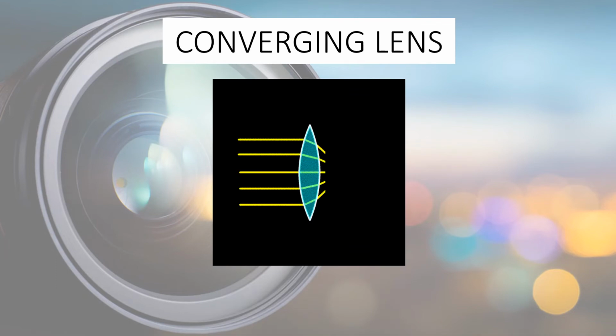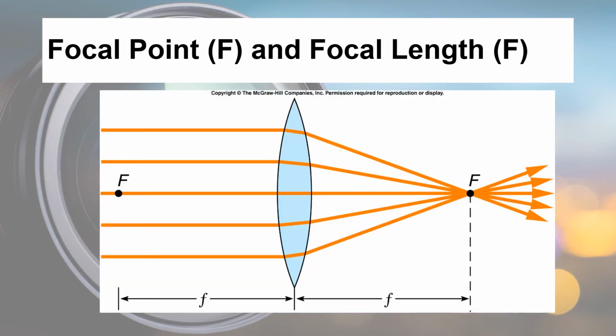Observe how the light rays behave as they enter the lens. In describing lenses, it is important that we know the difference between the focal point and the focal length.